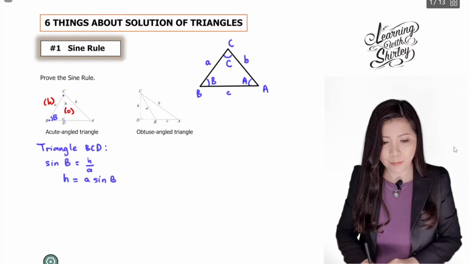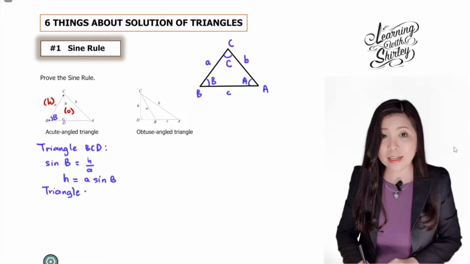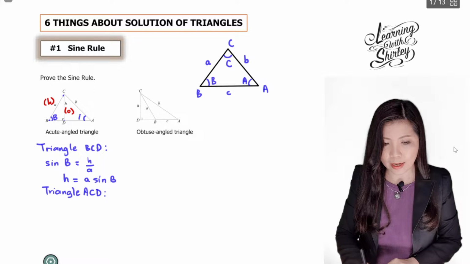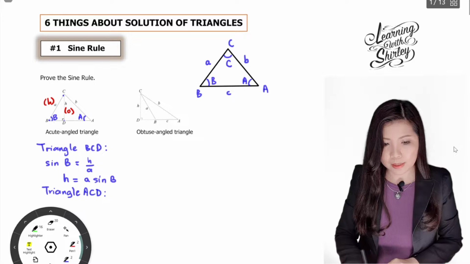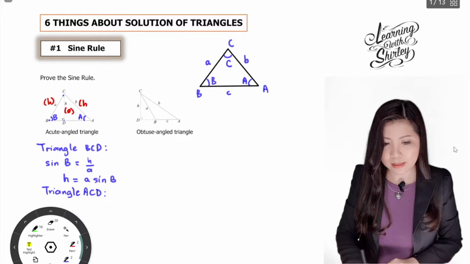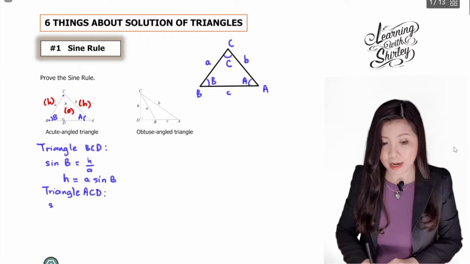Next I'm going to consider triangle ACD, and I'm going to use sine A. Angle A is here. The opposite side is still the same as in the previous sine B, and this is the hypotenuse.